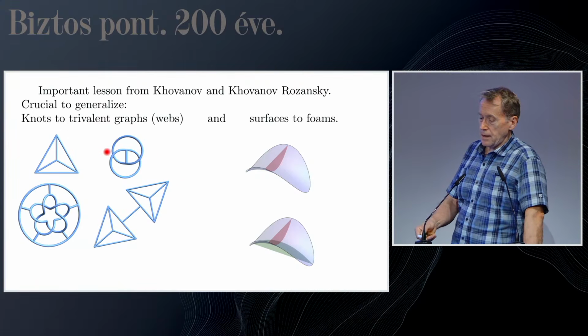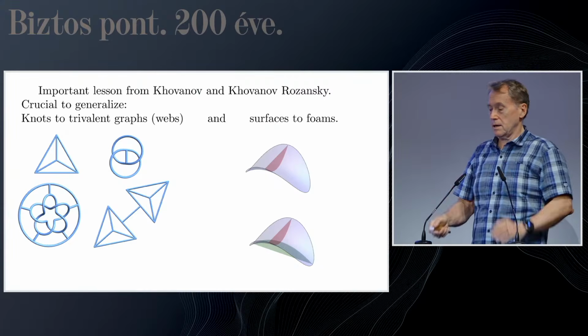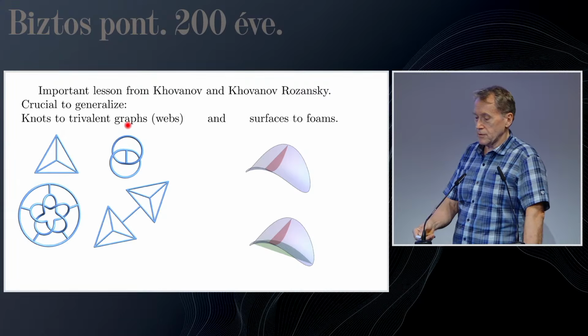You notice that abstractly, this graph is just two circles with a bar. But in this embedding, it's two linked circles with a bar. In this embedding, there's no two-sphere that hits it in only one edge.